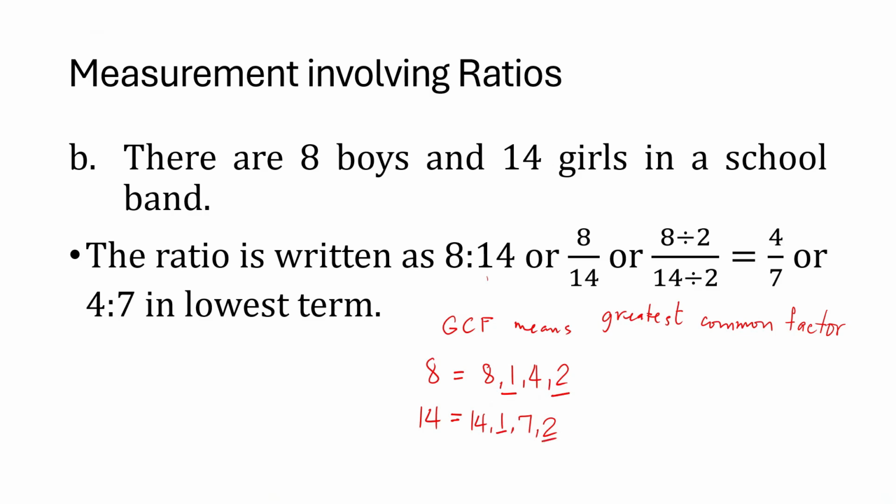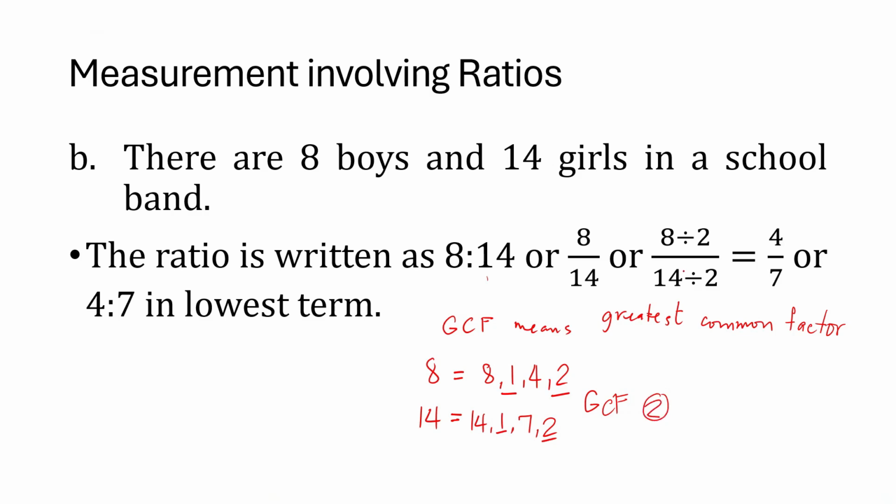So those are the common factors. But which of the two is the greatest? So the greatest common factor is 2. So therefore, the GCF for 8 and 14 is 2.